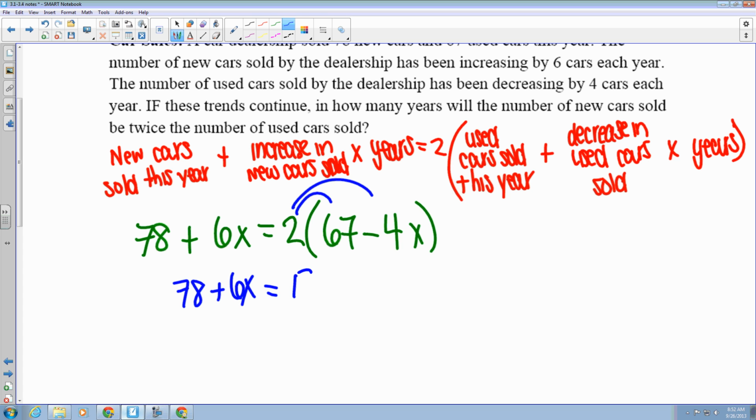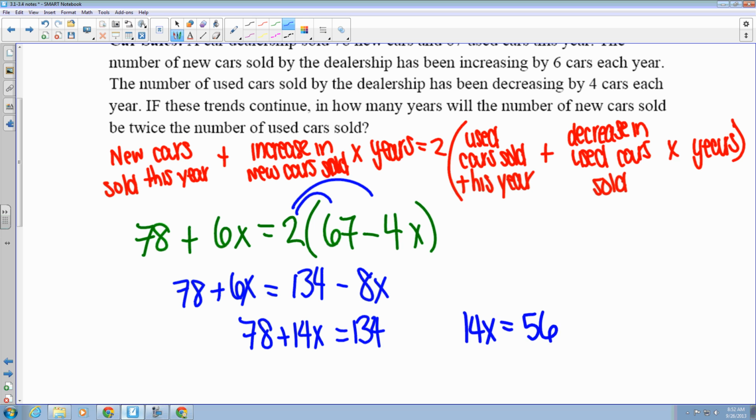Which gives us 134 minus 8x. I want to get those x's on the same side, so we're going to add the 8x to the other side. Subtract 78. Divide by 14, and that's 4 years.